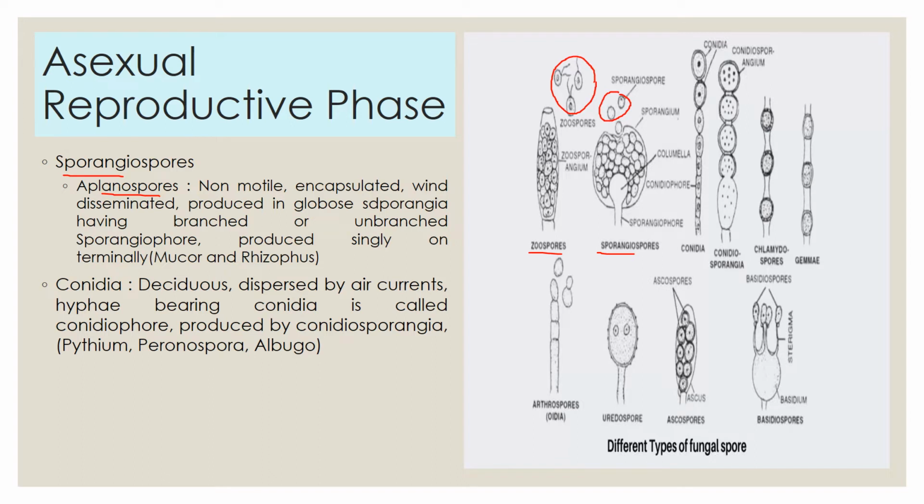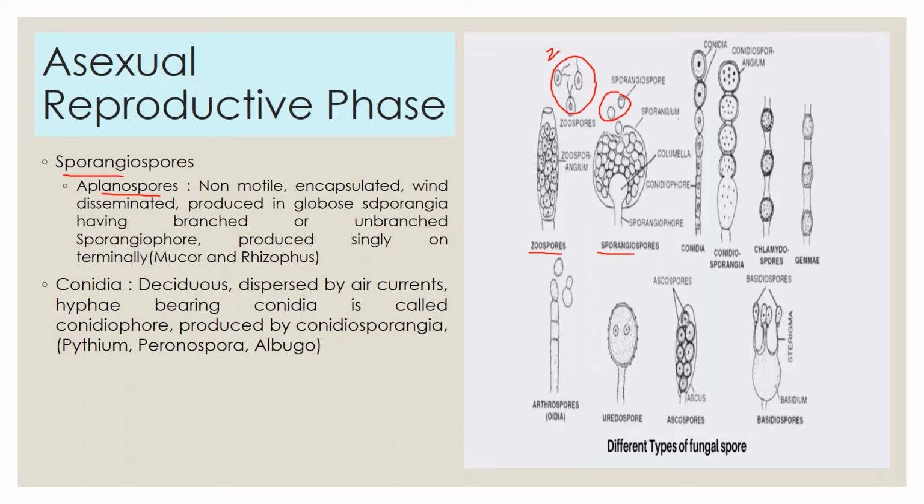The zoospore is present mostly in the lower fungi, that is the aquatic fungi, the phycomycetes, as it grows in water. So after dispersal, it swims in the water and moves to distant places to germinate.